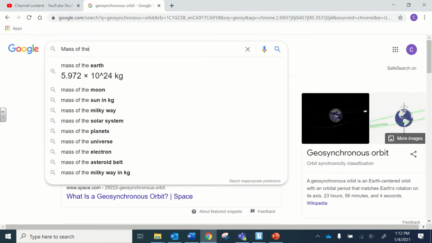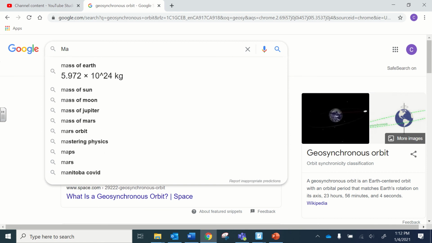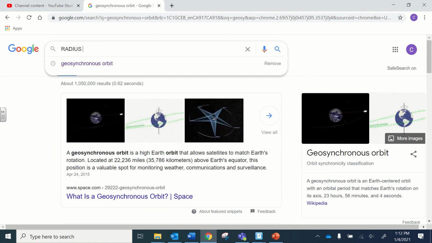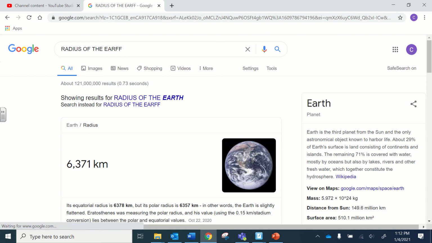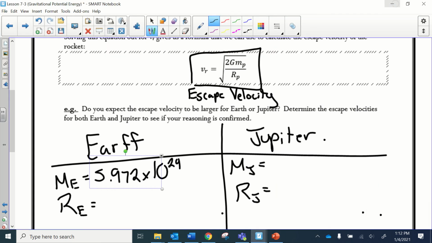And the radius of the Earth is 6371. That was in kilometers, 6,371 kilometers, so 6.371 times 10 to the 6 meters. By the way, yes, we want to do things in MKS units constantly, as always.